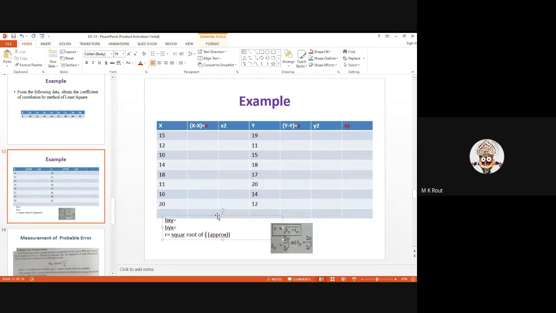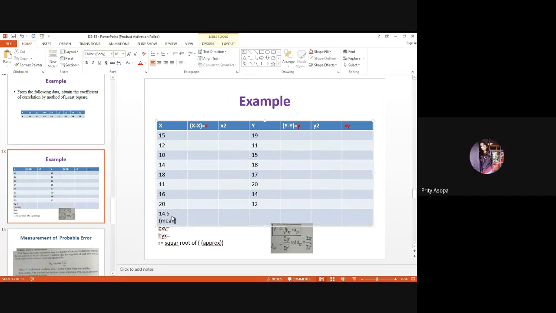What is the value of the mean here? Anyone? In case of x? 14.5. And in case of y? 15.75.